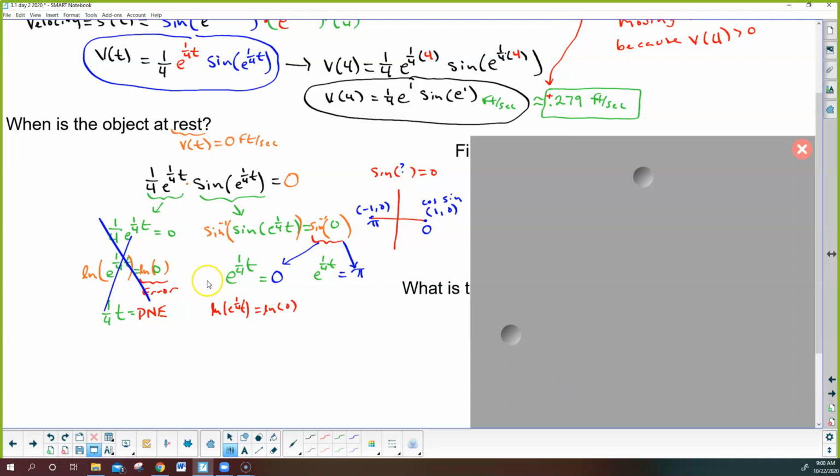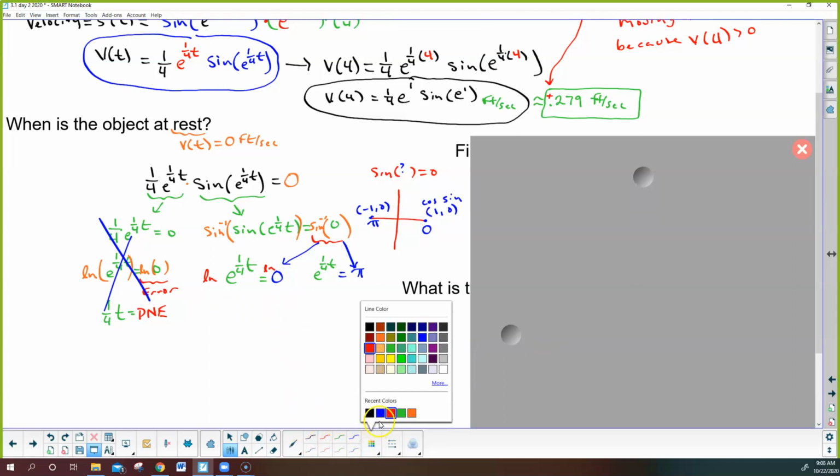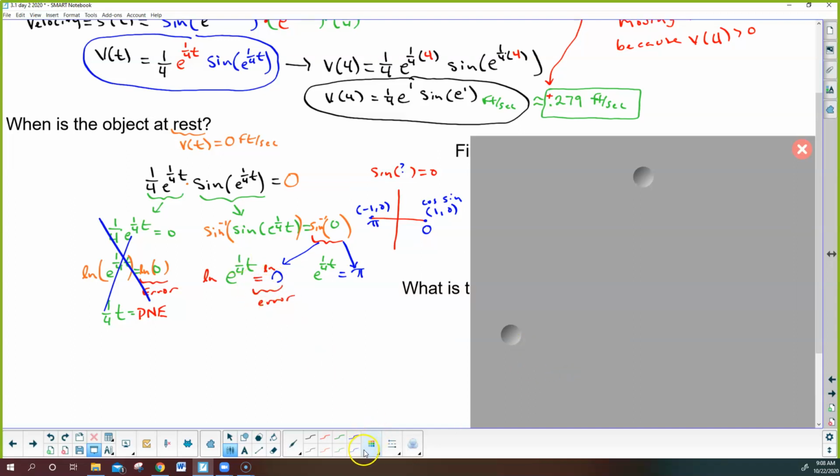So I'm just taking the natural log of both sides here. That might be better to do it this way; this looks too messy. Hopefully you're realizing that this is an error, so I'm not even going to bother solving this. This part is not going to result in a nice answer, but this one will.